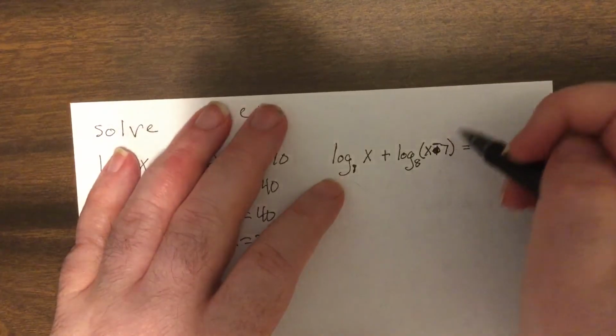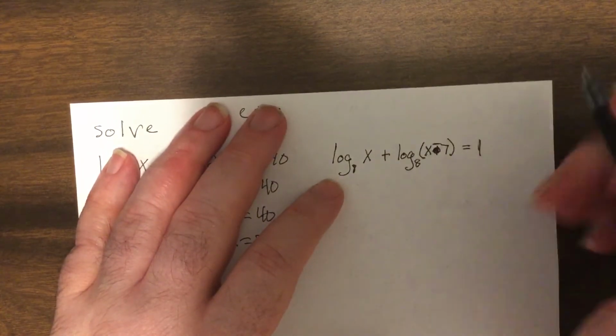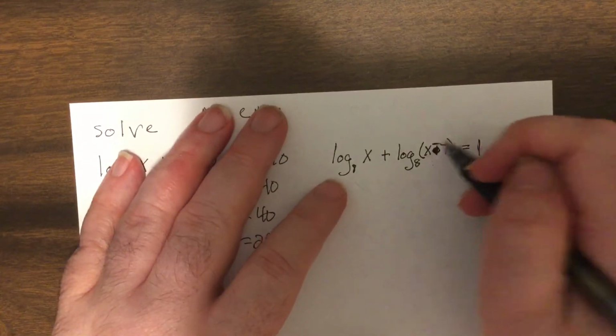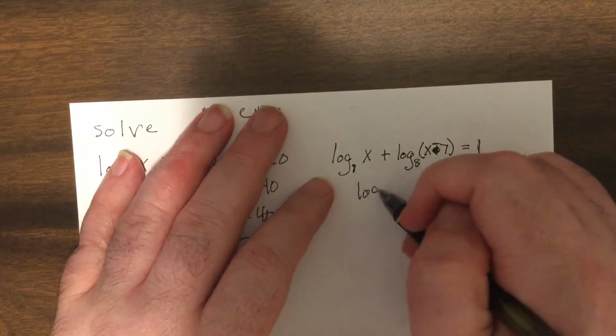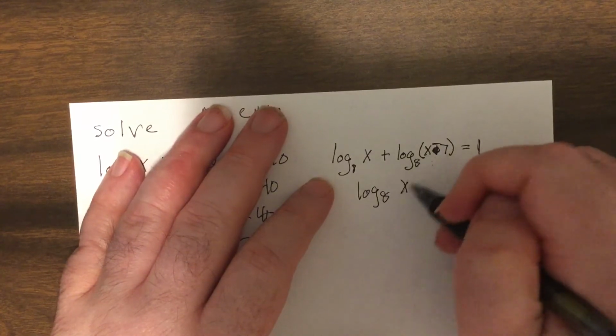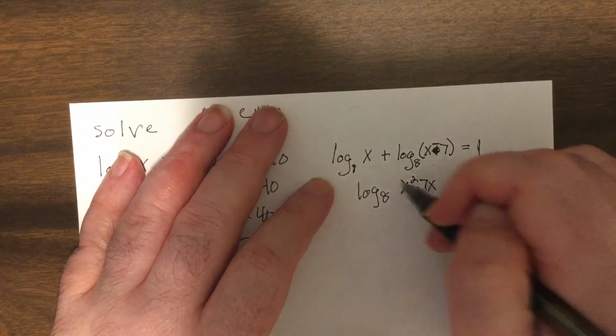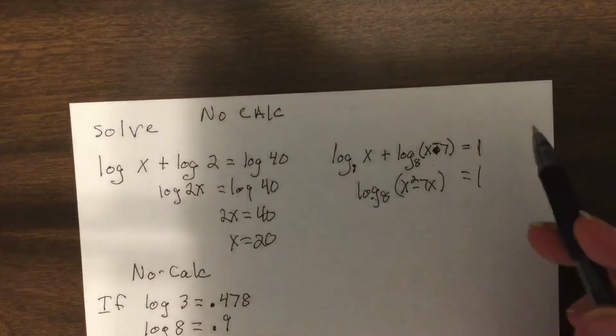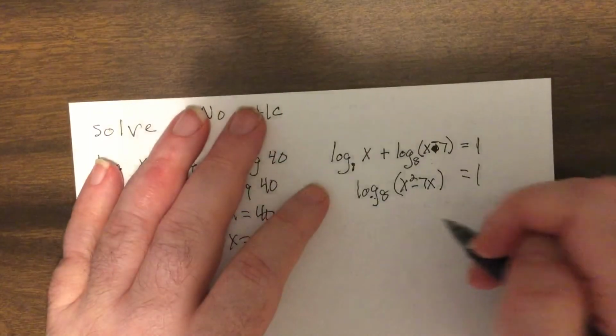This one, oh, this is sloppy. This is supposed to be x minus 7, but I put a plus and I meant a minus. So it's log base 8 of x squared minus 7x. And then, since there's only 1 log, I'm going to rewrite this as an exponential.